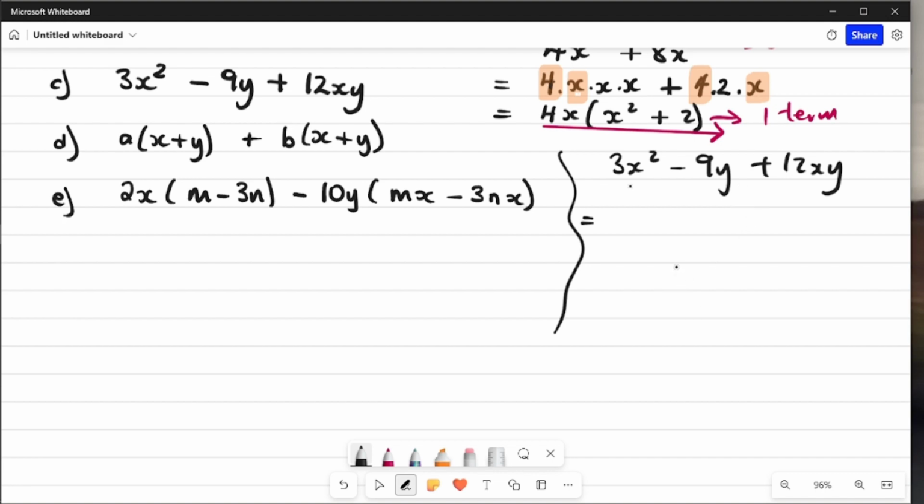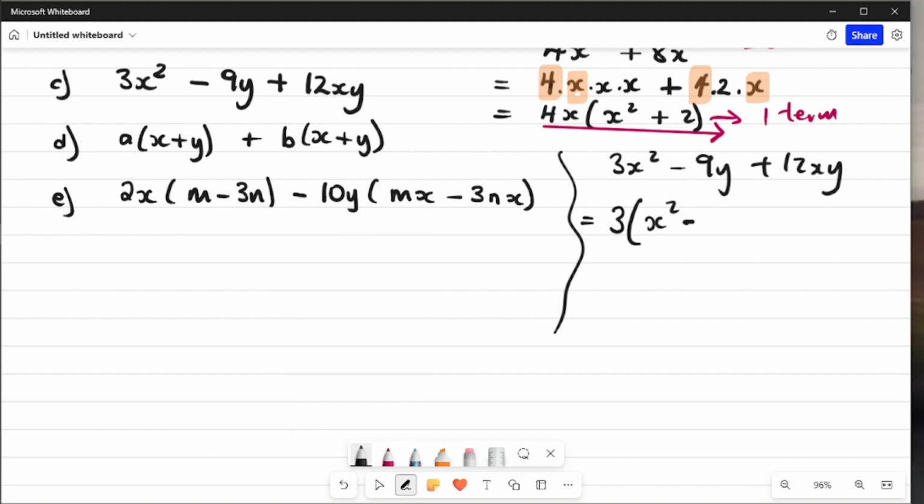Therefore, x is not a common factor. y is also not a common factor because it does not appear in the first term. However, it appears in the second and the third. But between the numbers, there is a factor of 3. So we take out 3, and then inside the brackets, you will be left with x squared, because 3 times x squared is indeed 3x squared.